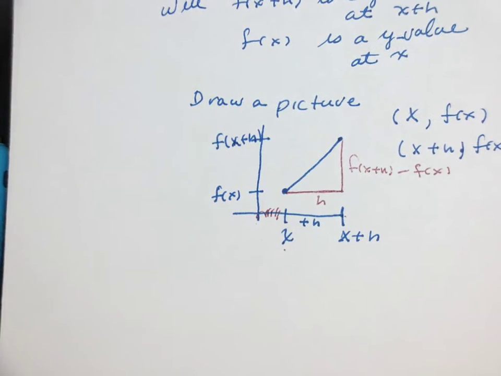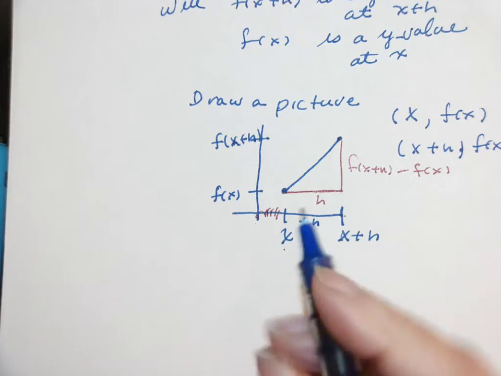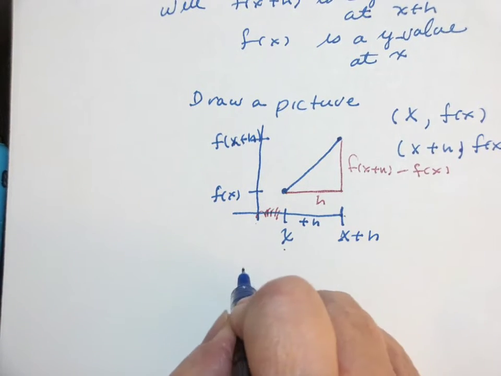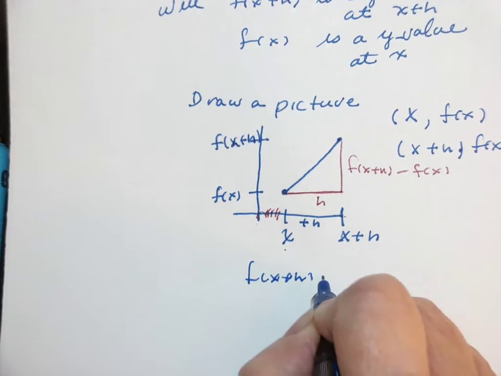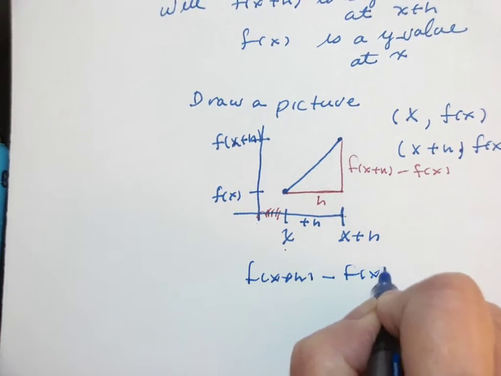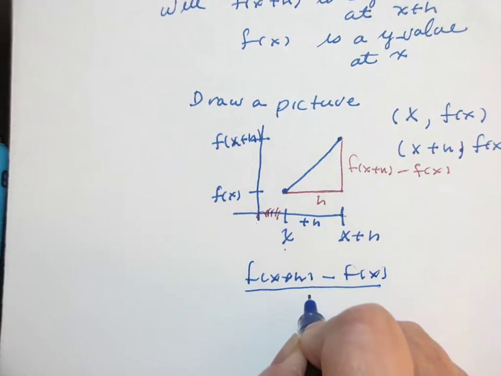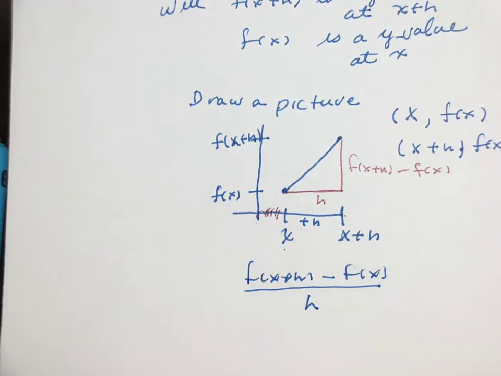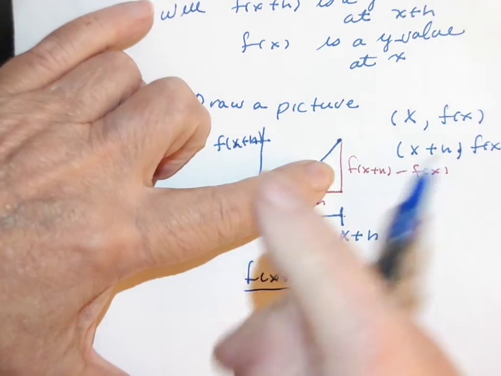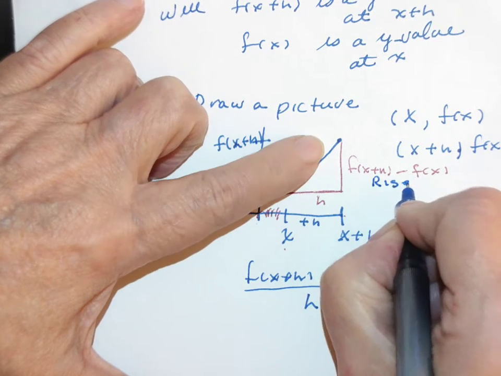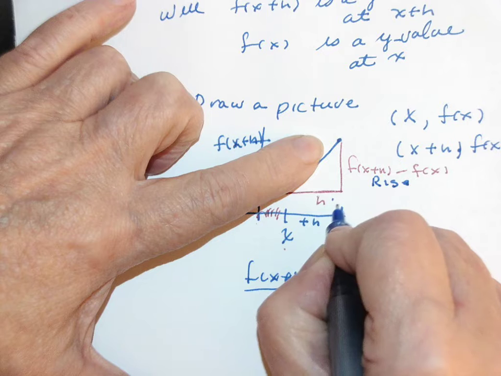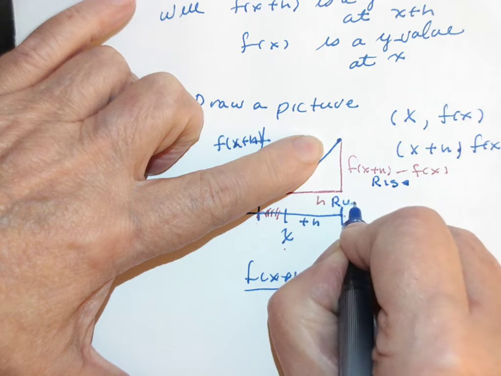Now let's take a look at this relationship. We say the difference quotient is f of x plus h minus f of x, all over h. Well, this is what we know as rise. This is what we know as run.